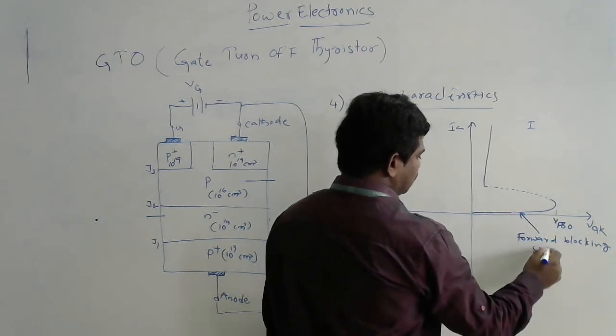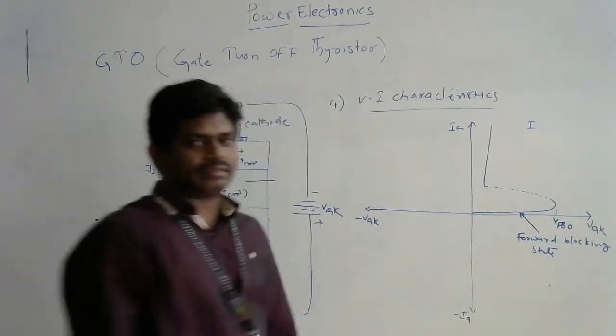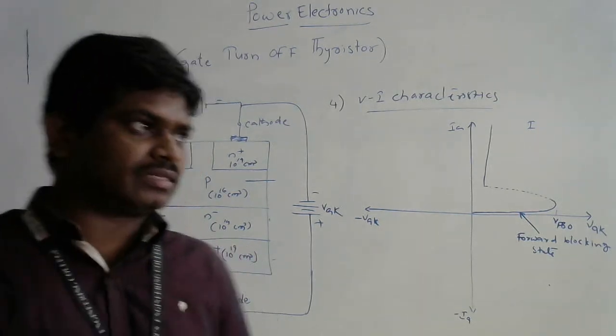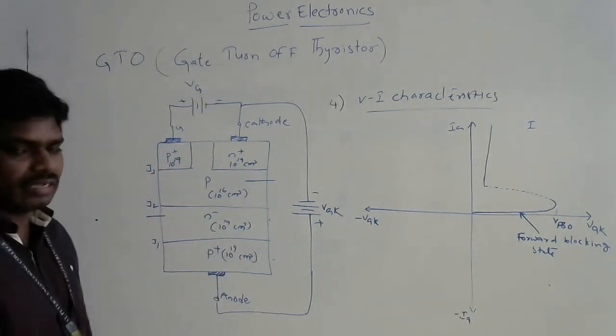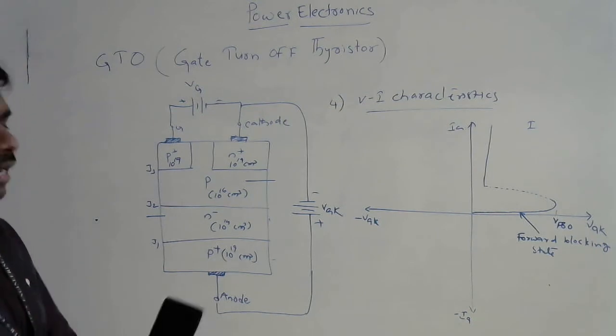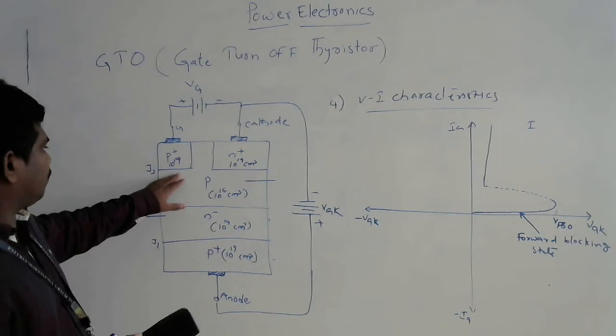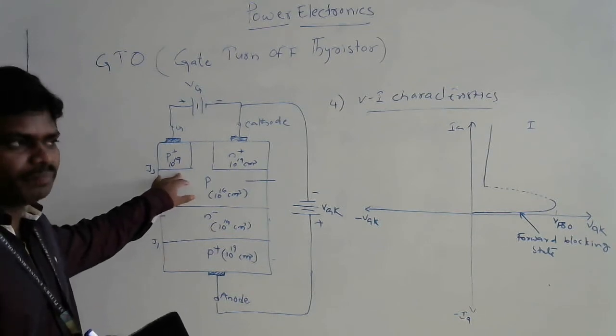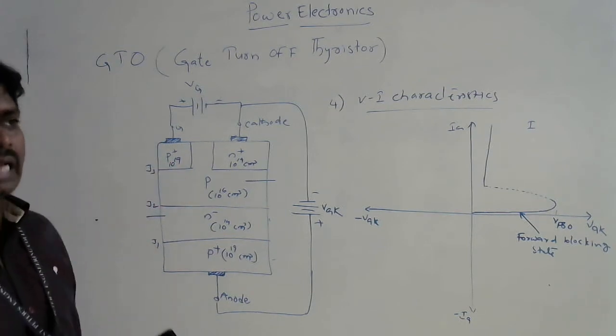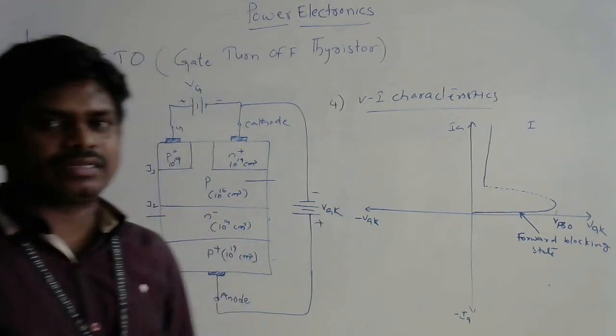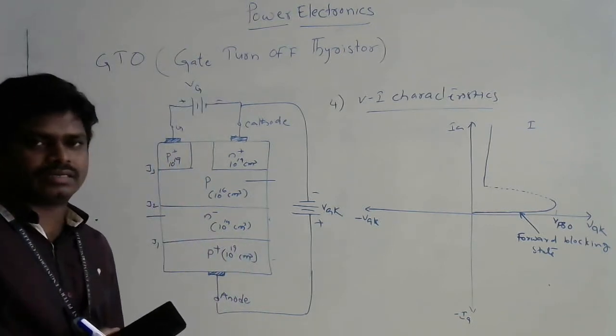In the forward blocking state, some leakage current is flowing through the device due to the minority carriers in the device. What do you mean by minority carriers and majority carriers? In p-type material, majority carriers are holes and minority carriers are electrons. In n-type material, majority carriers are electrons and minority carriers are holes.